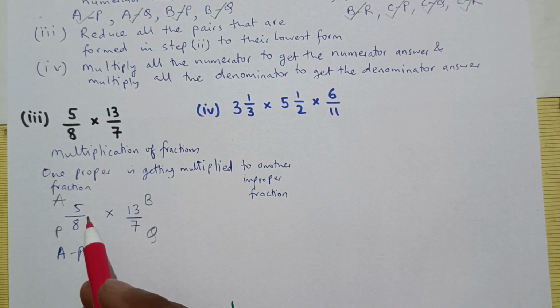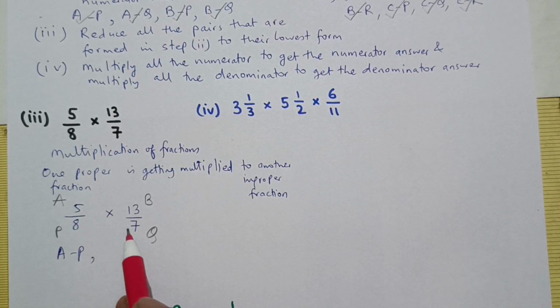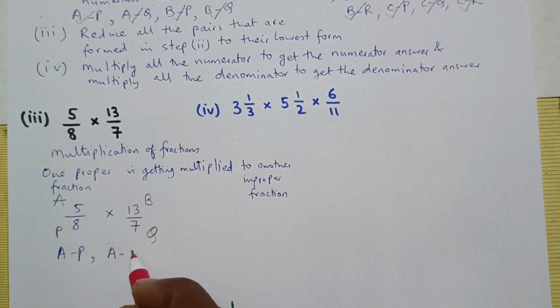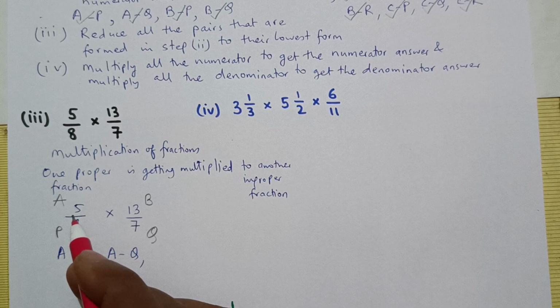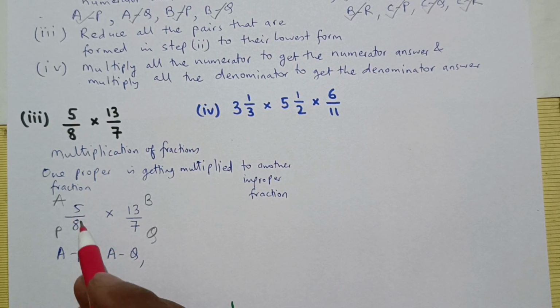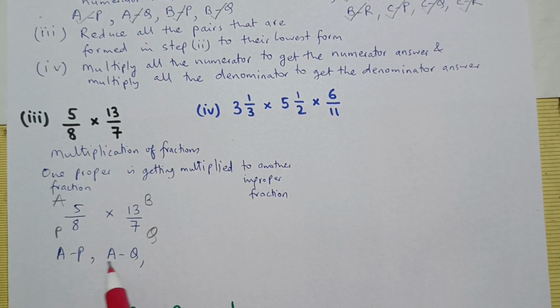Another numerator denominator pair with numerator 5 is 5 by 7. So this is AQ. So AQ is another numerator denominator pair with numerator 5. So with numerator 5, these are the two pairs of numerator and denominator, 5 by 8 and 5 by 7.